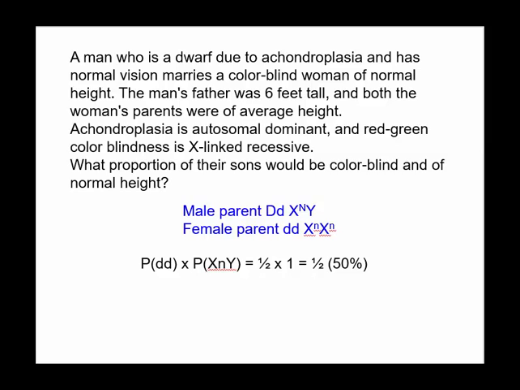Remember this trick we learned: if we know the parental genotypes, which we do based on this information, we can figure out the probability of each of these individual events happening. The probability of an offspring having little d is 50%. The probability of them having X, little n, Y is 100%, because the female parent is this genotype. And so it's just a half times 1, which is a half, 50%.